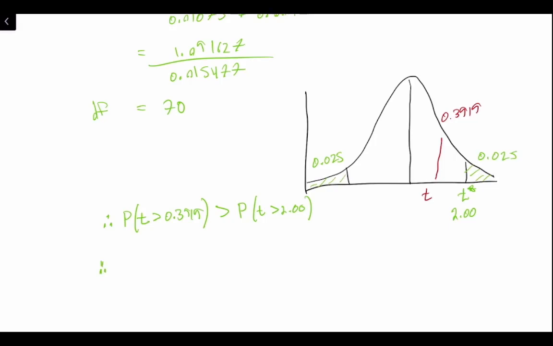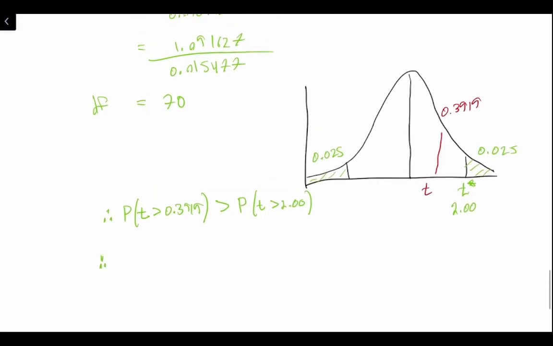Therefore, in this case, if we had set hypotheses, which we didn't, we would fail to reject the null hypothesis.